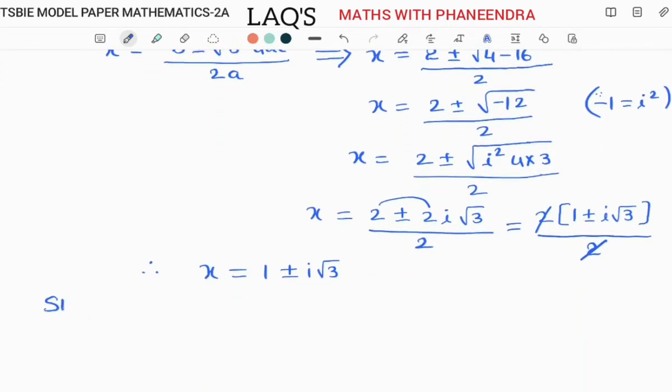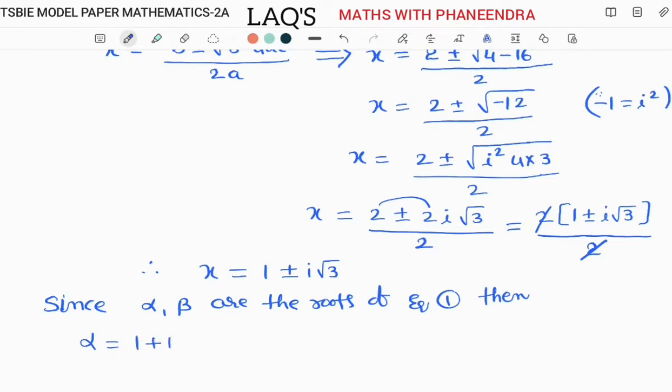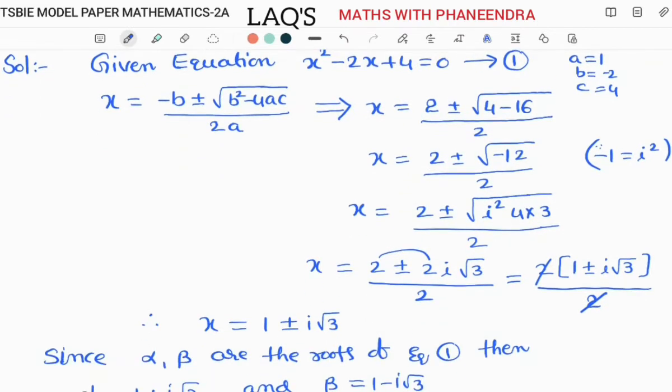Since alpha, beta are the roots of equation 1, then alpha is equal to 1 plus i root 3 and beta equal to 1 minus i root 3. So for this procedure they will give 2 marks. For the rest of the terms, for this remaining.